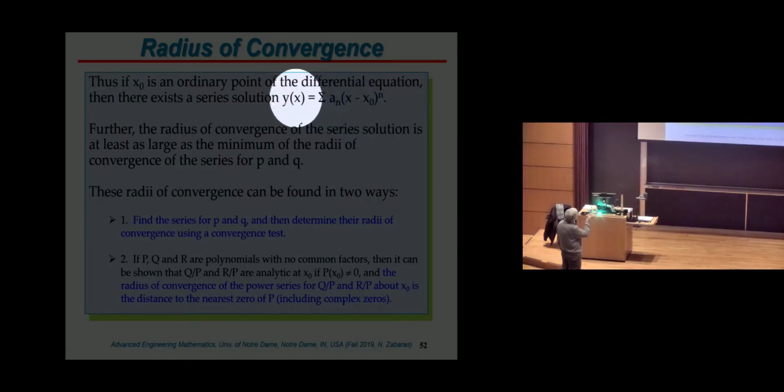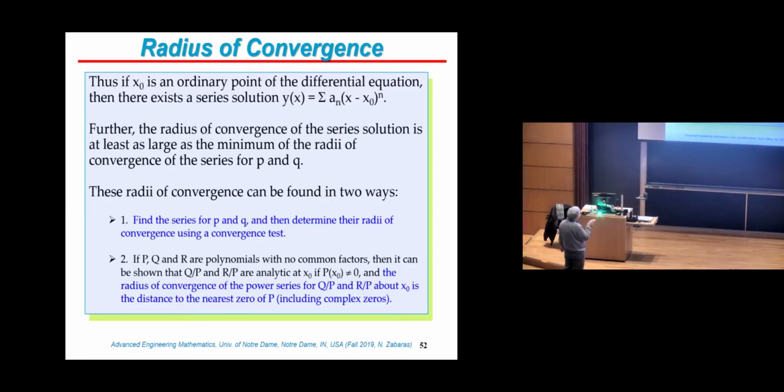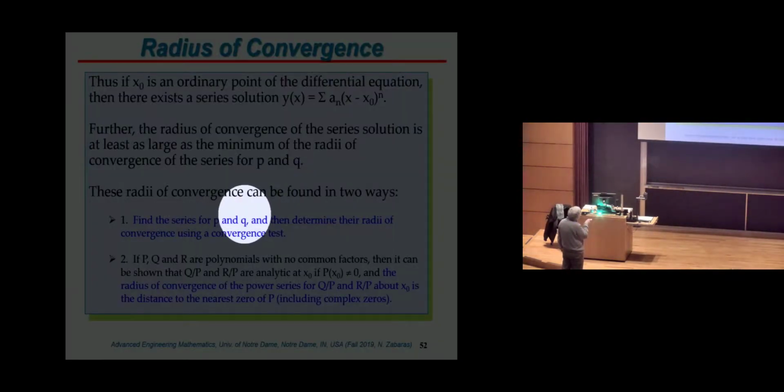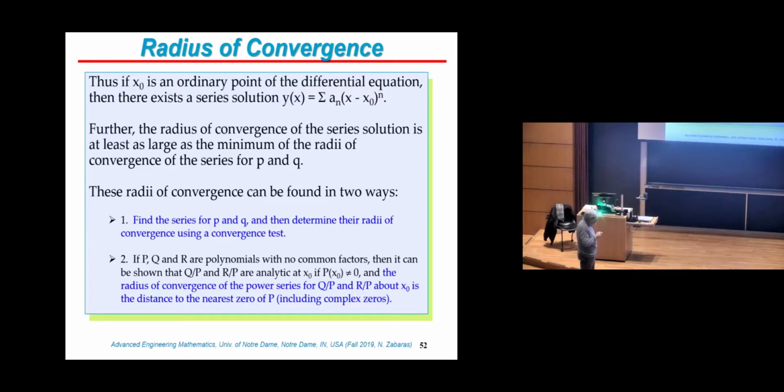And there are two criteria in most problems, both of them being discussed. Since p and q come with a power series expansion, they have their own radius of convergence. Can you see what is the relation of the radius of convergence of p and q with the radius of convergence of this series y? What would be an obvious criterion?